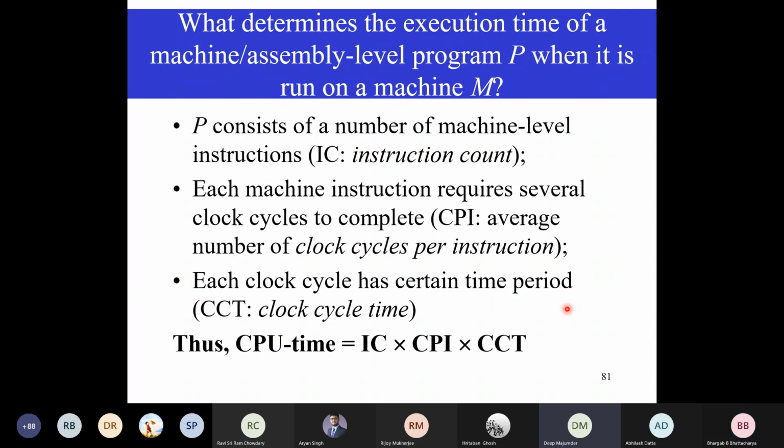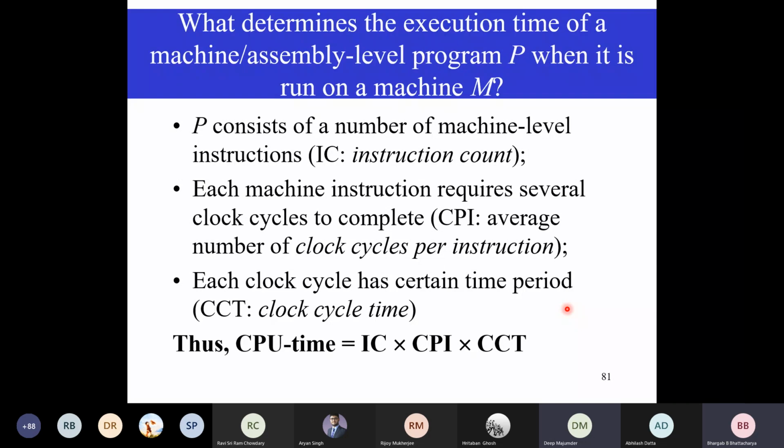Sir, is the average CPI calculated over a single program, or is it averaged over all possible instructions and the number of clock cycles they take? Yes, you can consider the average over many benchmarks. In general, there are certain benchmark programs, and looking into those, you can figure out what the average value is.